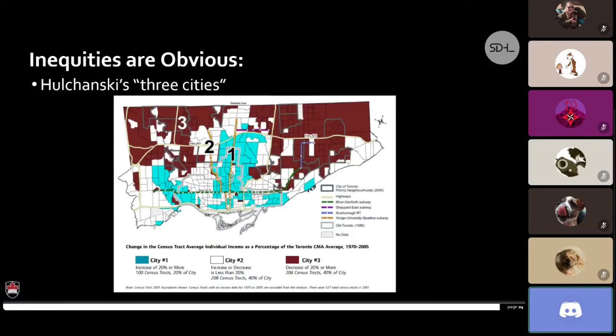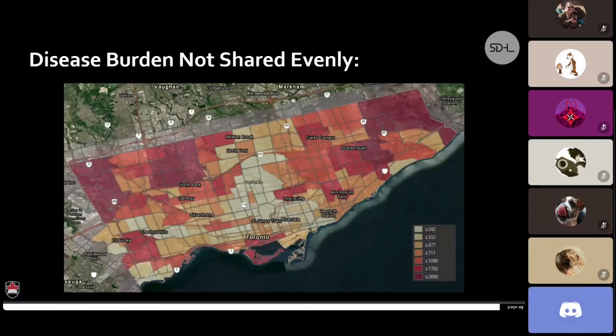In the middle, in the downtown and midtown areas, you have neighborhoods where the residents have higher levels of income compared to the region average. And out in the periphery, in the old cities of Etobicoke and Scarborough, you have lower income neighborhoods when compared to the rest of the city. Next slide, please.